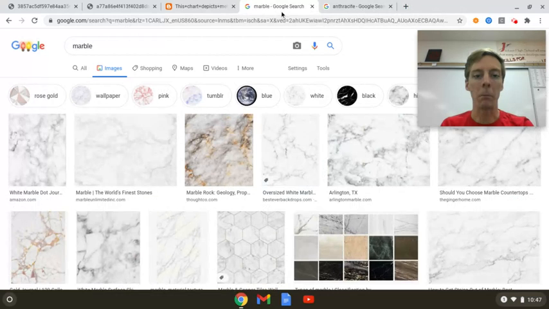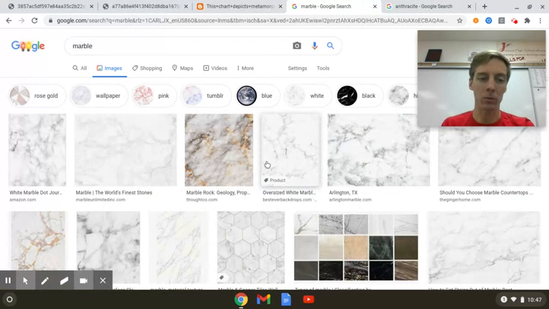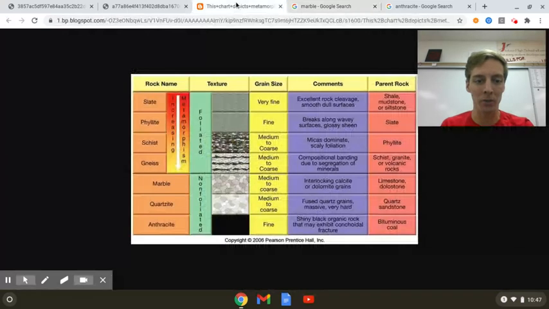Okay, marble. When you just Google marble, you get lots of things like marble countertops, but here are marble rocks. Marble comes from limestone. When magma intrudes the limestone, so it is a contact metamorphism, it becomes marble. Limestone is a sedimentary rock, becomes marble.